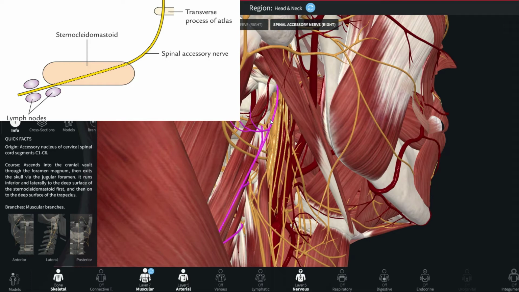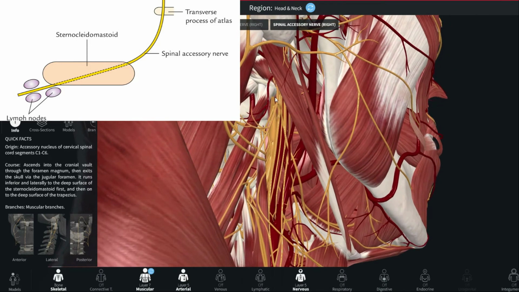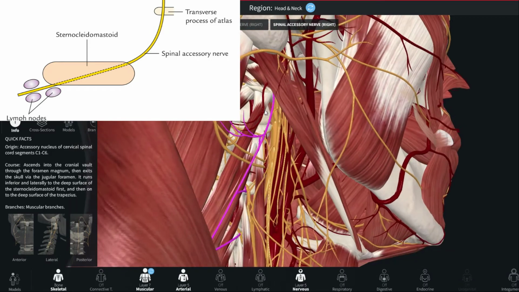After that, I have removed the sternocleidomastoid here.